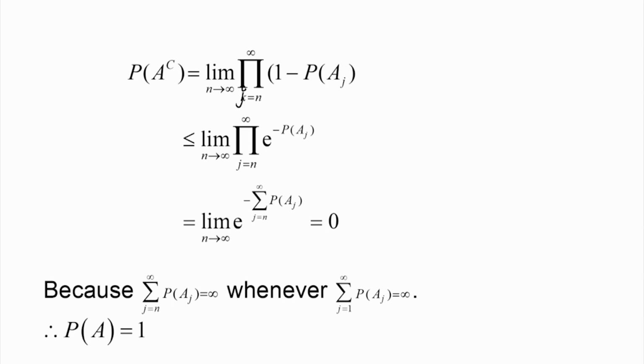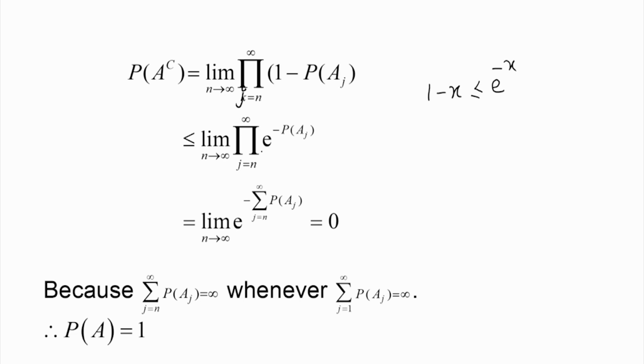Now, we can use one result, that 1 minus x is always less than or equal to e to the power minus x. This we can prove easily, and we will be using it here. Therefore, 1 minus P(A_j) is less than or equal to e to the power minus P(A_j). So, this limit is less than or equal to the limit n tends to infinity of the product of the sequence e to the power minus P(A_j), j going from n to infinity, because this is our 1 minus x, which is less than e to the power minus x.